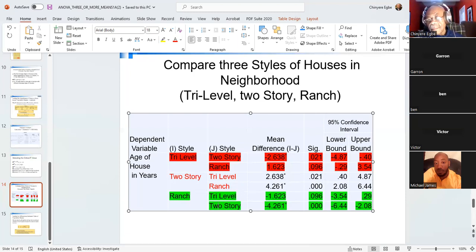We compare two-story to tri-level, we reject. We compare two-story to ranch, we reject. But when we compare ranch and tri-level, we are not able to reject the null hypothesis of equality. And here, the same thing, tri-level and ranch.